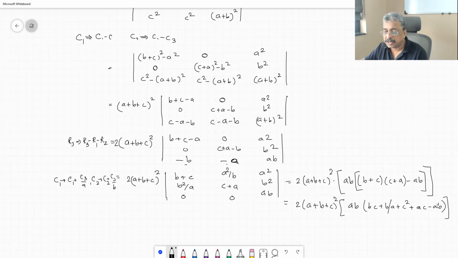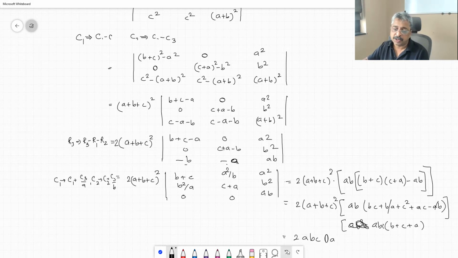So ab gets cancelled, you get ab square c. Now you can take out c common, so ab inside bracket abc inside bracket b plus c plus a, that makes it 2 times abc into (a plus b plus c) bracket cube.